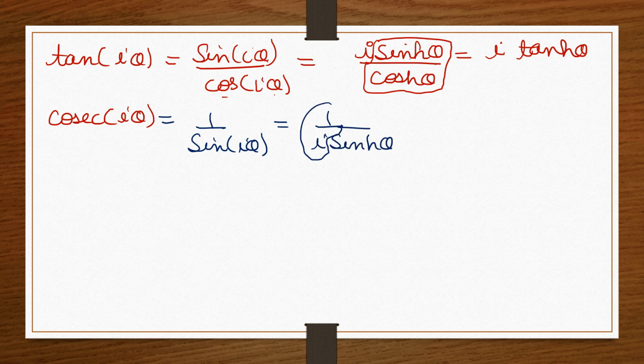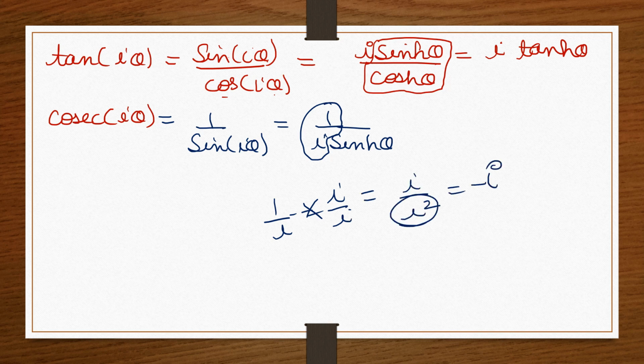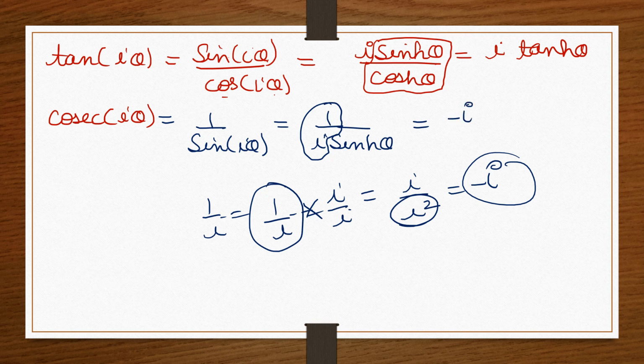And what is 1 by iota? 1 by iota can be written as, multiply and divide with iota here, so you'll get iota over iota square. This is negative, so this is minus iota. So 1 by iota is actually equals to minus iota. Place this value here. What you'll get? Minus iota, and 1 by sine hyperbolic theta is cosecant hyperbolic theta.